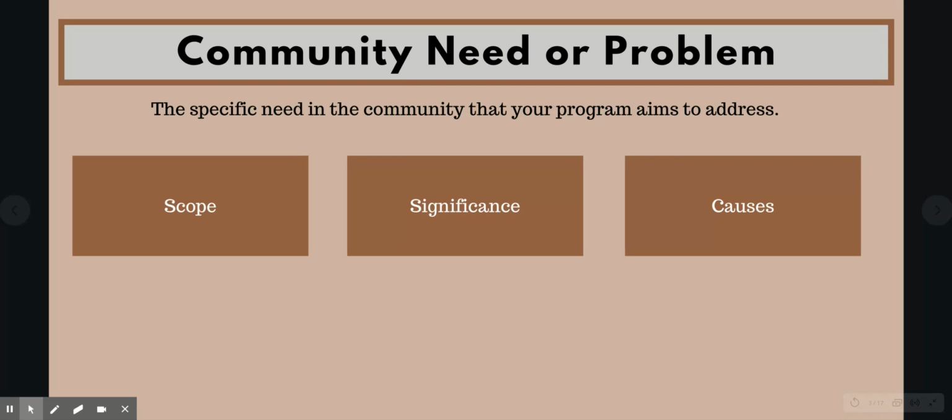The community need or problem refers to the specific need in the community that your program aims to address. There are three main components that should be addressed: the scope of the problem, the significance of the problem, and the causes of the problem.